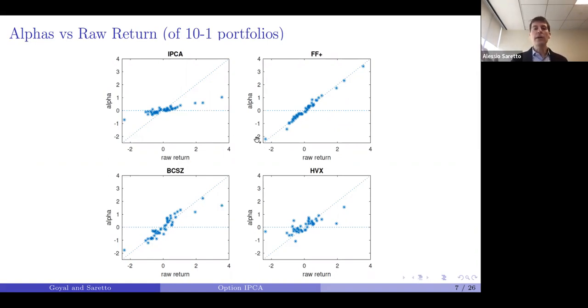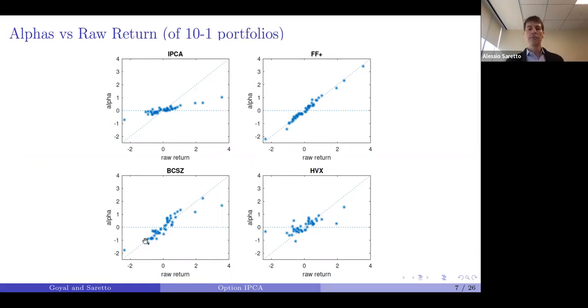Visually, you can already tell that we're doing a lot better. In the upper left corner, there is the fit on these 44 portfolios from IPCA. Most of the dots line up with the zero line. There are some that are off, but their alpha is a lot smaller than the realized return.